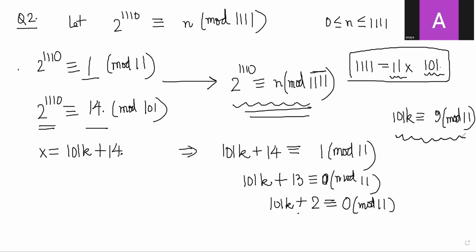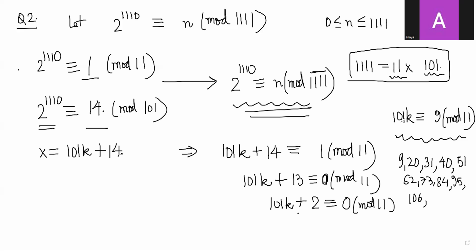Basically, something like this we are getting, right? Now we just have to find what K is. So here 9 mod 11. The numbers will be like 9 and 20. Keep adding 11, 31, and so on, right? 40, 51, 62, 73, 84, 95, 106, and so on.